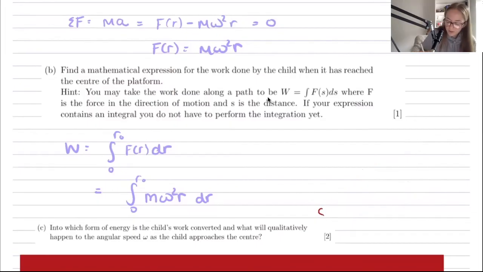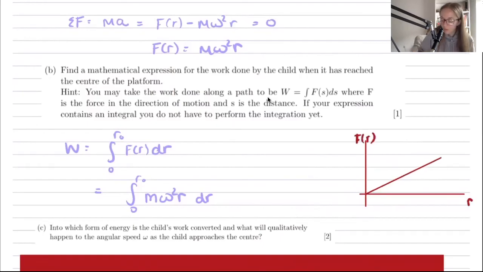And the best way I can describe this is kind of looking at it graphically. So if we say this is r and this is our force, well, our force changes something like this with r, and say we traveled a total r naught. But our work would technically be the area underneath this graph here.